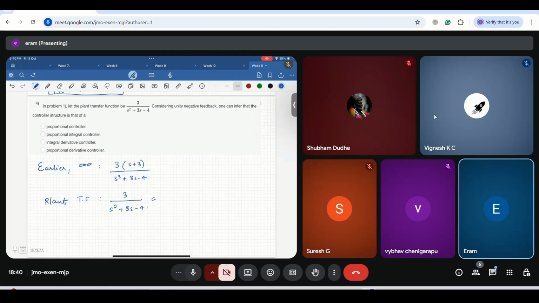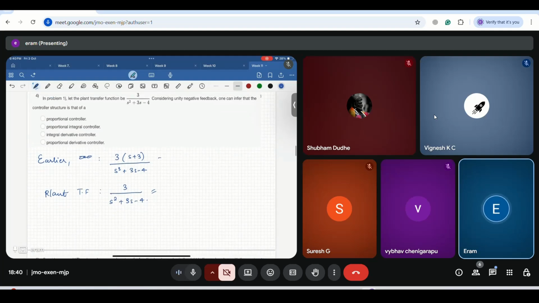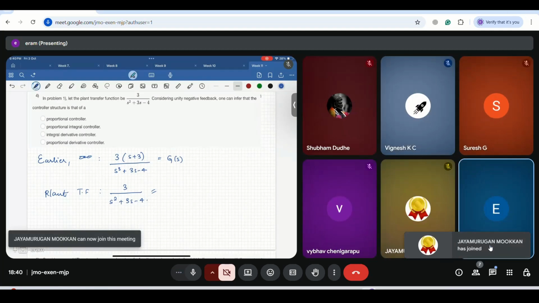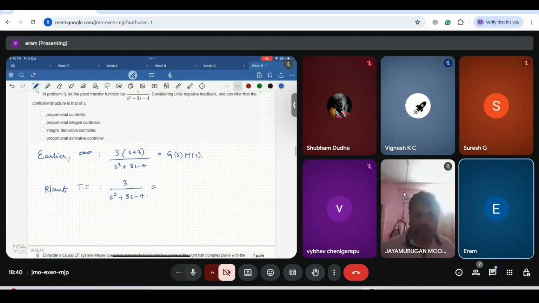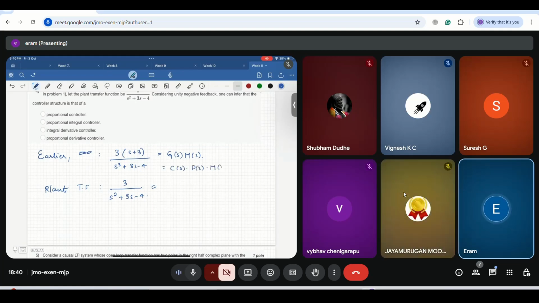Okay. So this, and you have a unity negative feedback. So this was your GS into HS. Okay. And your GS is CS into PS, and HS is equal to 1 because it is a unity negative feedback.